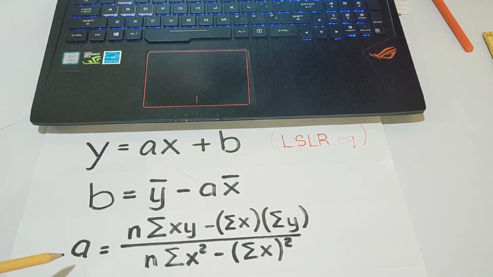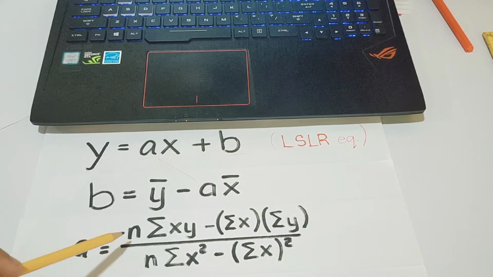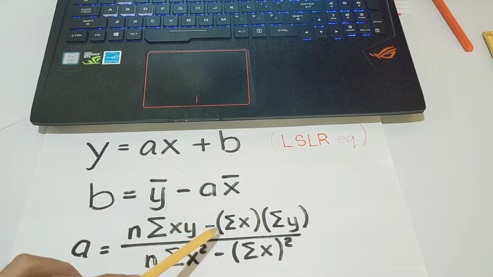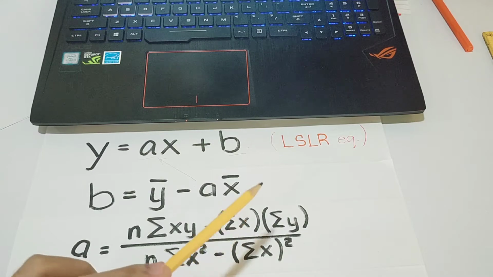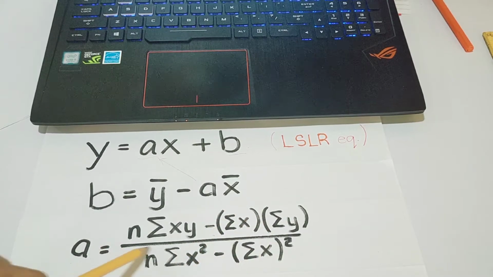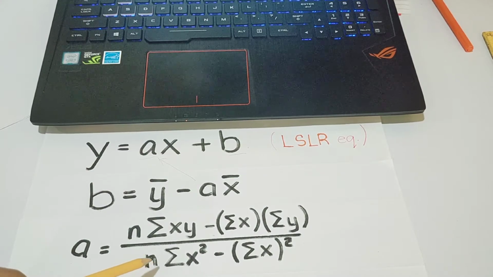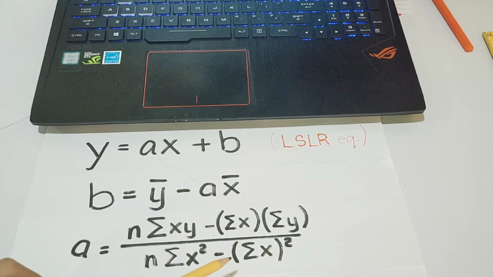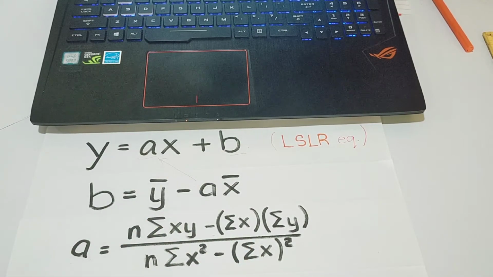We can get the value of a by using the formula n multiplied by the summation of xy, subtracted by the product of the summation of x and the summation of y, all over n multiplied by the summation of x squared, then subtracted by the square of the summation of x.